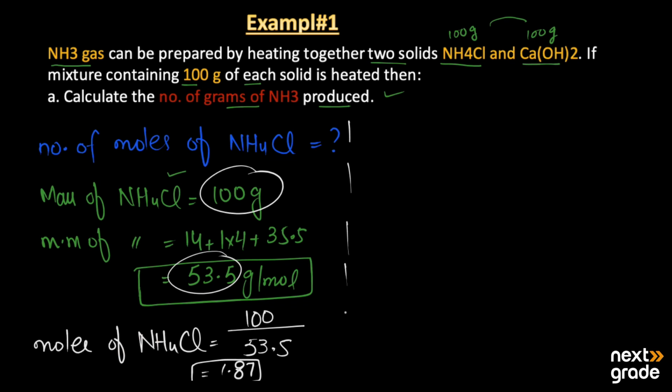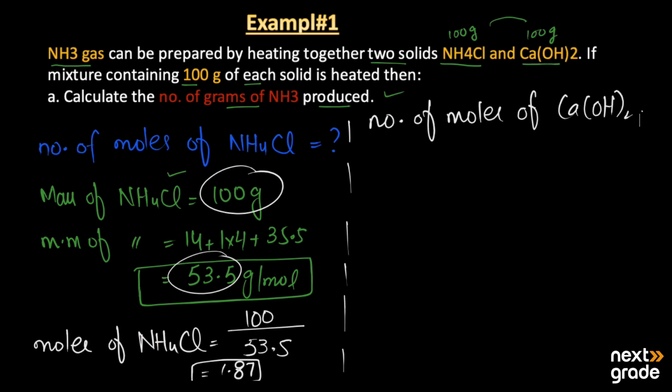And next we will find the moles of calcium hydroxide. The same method we have to use for this. The mass of calcium hydroxide is given, as these are the reactants, so it is 100 grams.